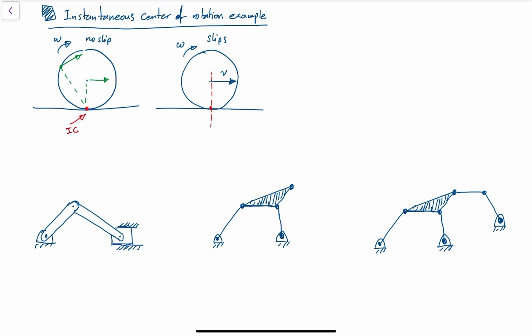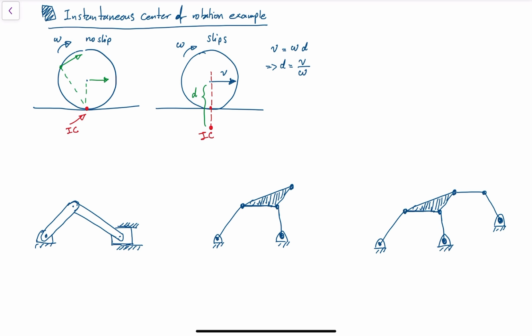But I can calculate how far I am from that known point by knowing that my speed at the center must be this omega times the distance. So from here I can calculate d to be v over omega. Let's pretend it turns out to be here.